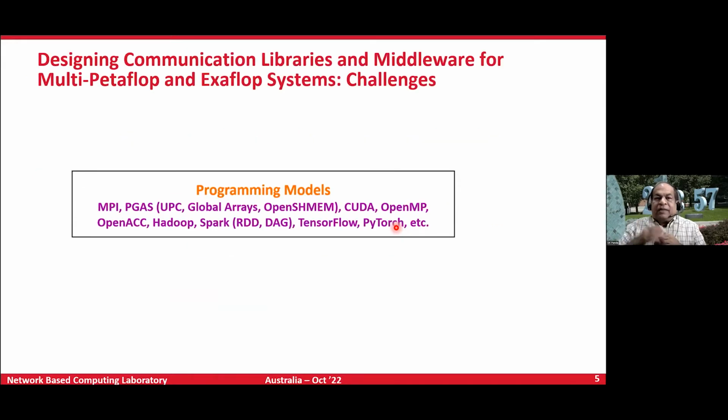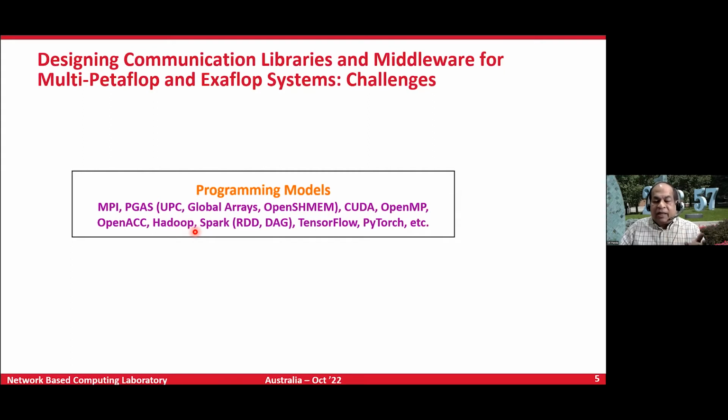Now, if you take a look at the software architecture, any kind of communication library or middleware you try to design, the centerpiece is the programming models, because this is where the users are actually trying to use a model. For traditional HPC, it could be MPI or PGAS, even CUDA, OpenMP, or some combination, MPI plus CUDA, MPI plus OpenMP.